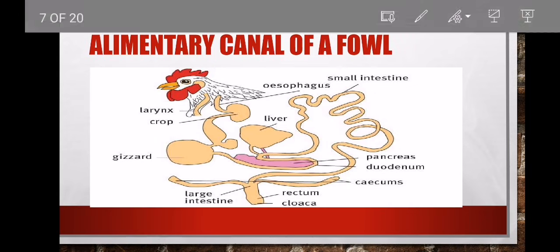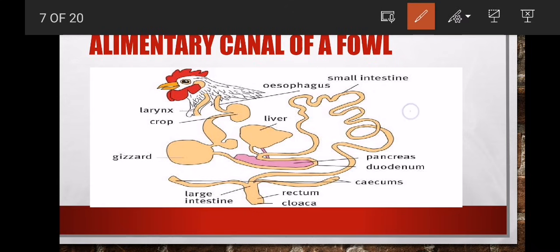Alimentary canal of what? Of a fowl. When we look at the alimentary canal of a fowl, we remember we said a fowl is a non-ruminant animal. If we say it's a non-ruminant animal, in a simpler way of understanding it, we say it has a simple stomach or monogastric. When we look at this one, a fowl, good people, it has a stomach, but this stomach is divided into 2.